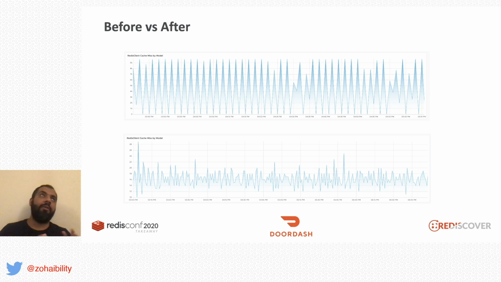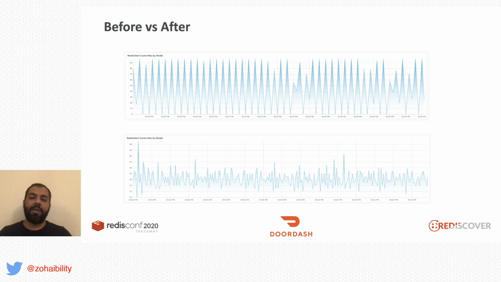All of these graphs are from pretty high traffic windows. I won't disclose where this is coming from, but the graph on the top is when there was no ahead of time eviction or expiry being simulated on L1, and the one at the bottom is after we applied the fix.